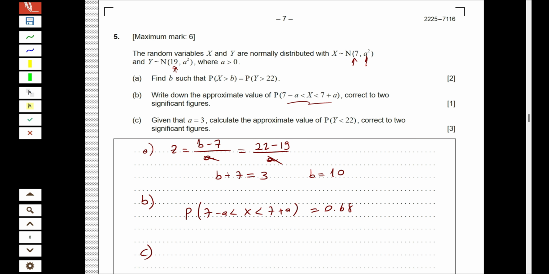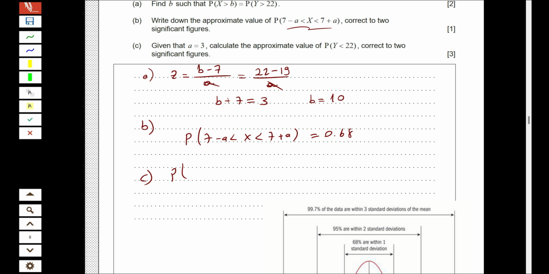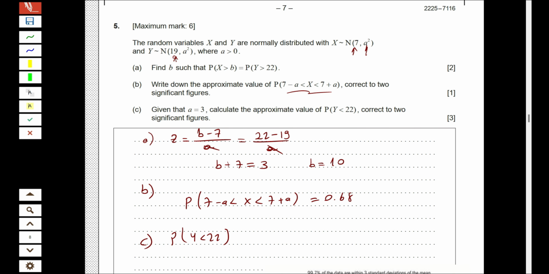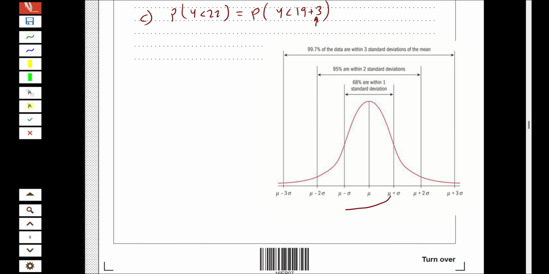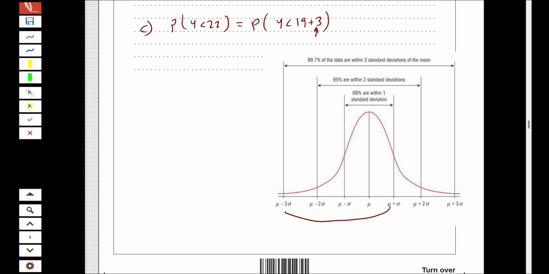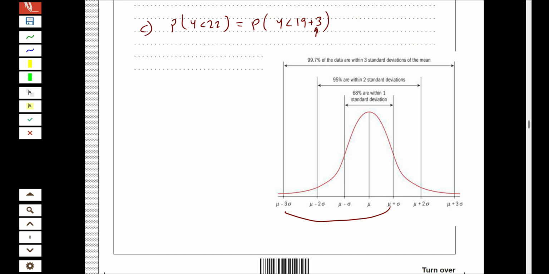Question C, given that alpha is 3, calculate the approximate value of the probability for y less than 22, correct to significant figures. It's asked for the probability of y less than 22. So the mean for y, the normal distribution, is 19, which means it asks for one standard deviation after the mean. We are looking for the area of this region. And from the previous question, we found this area.